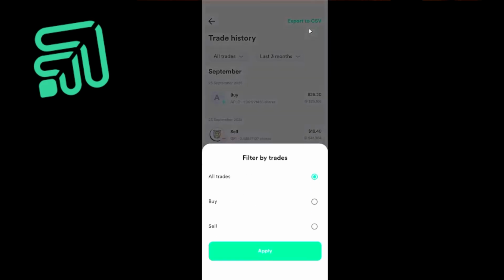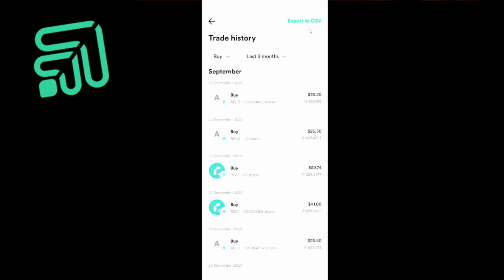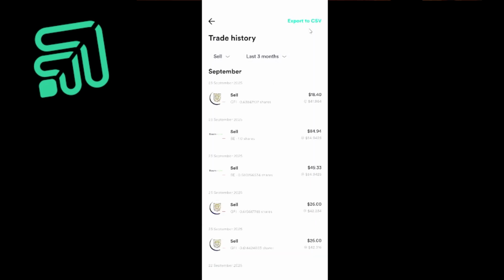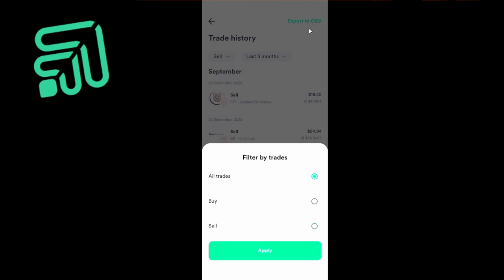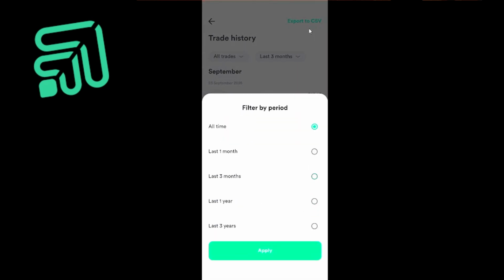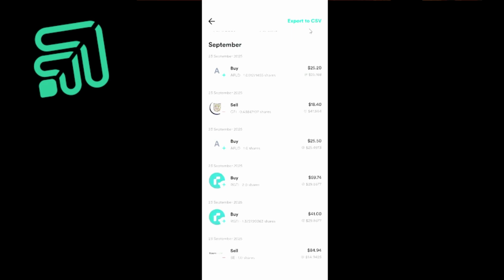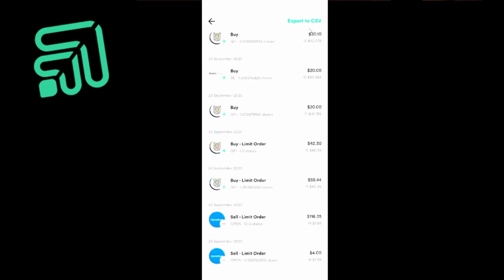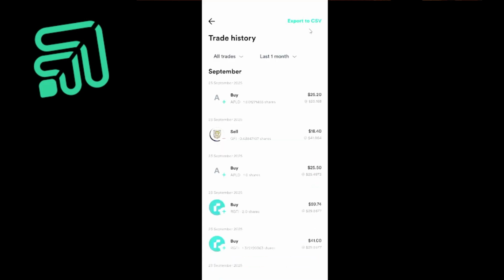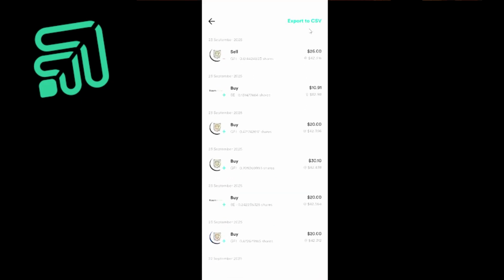And then you could check on the trades, but you could check just buy, or you could check also on sell. And then on the right side, you want timeline, you want everything. So all your trades you could review in case you want to do your math, and trades for the last 30 days, etc.